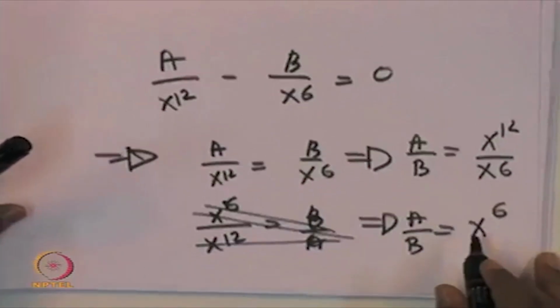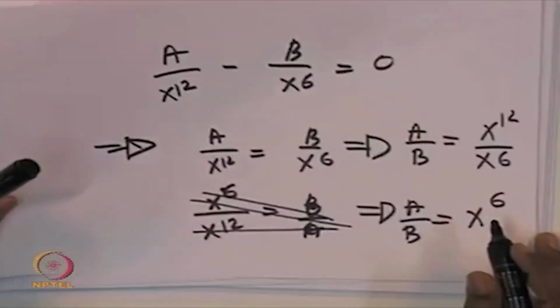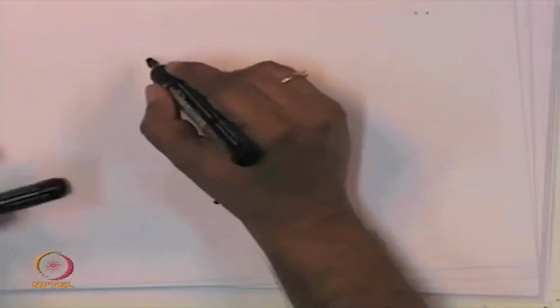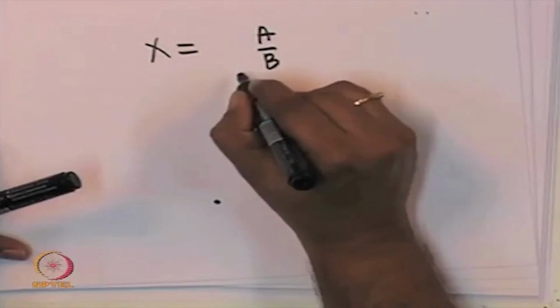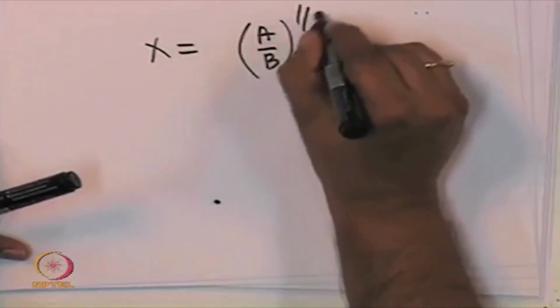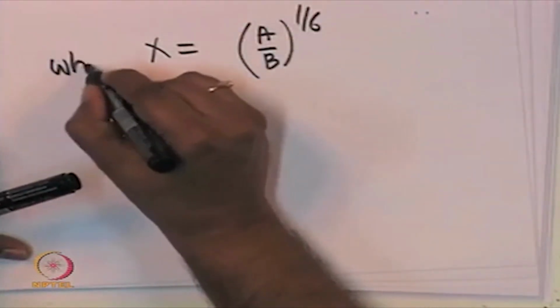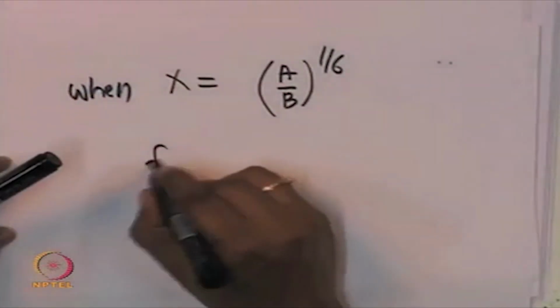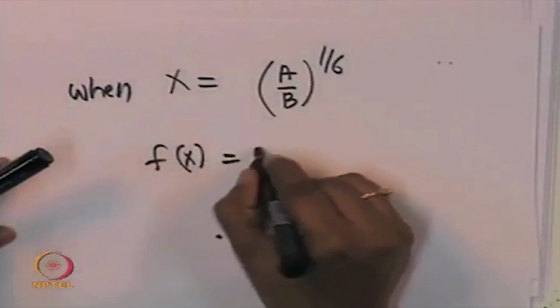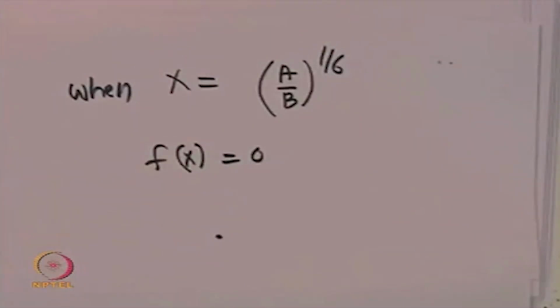So, this essentially leads to the value where x is equal to a by b whole power 1 by 6. When x is equal to a by b whole power 1 by 6, f of x is 0. So, this is the value where f of x equal to 0.